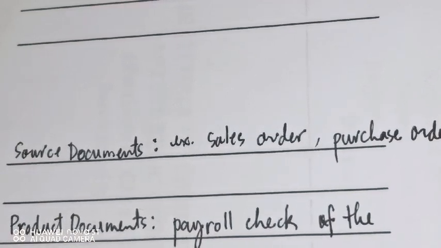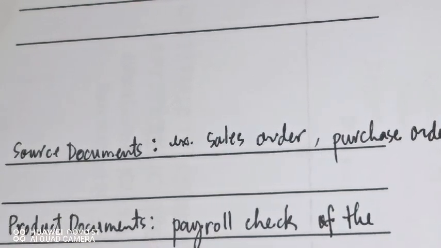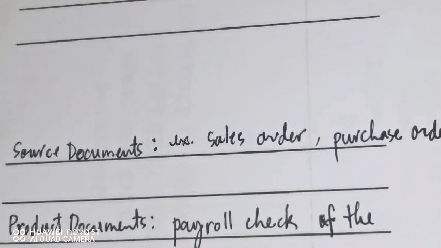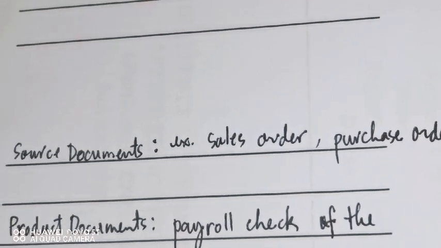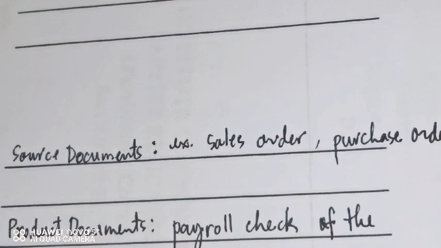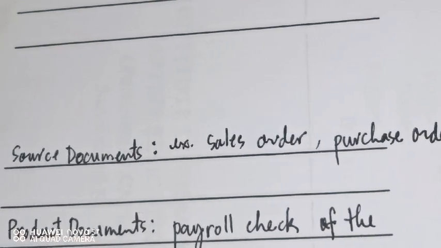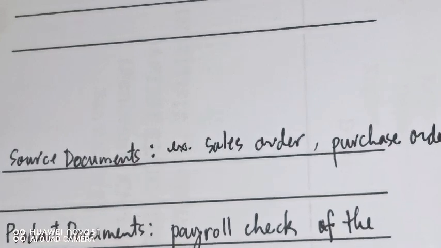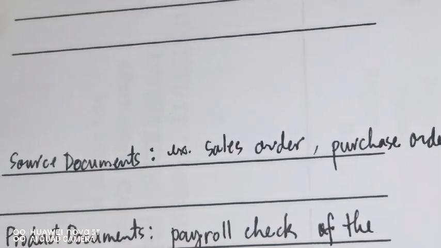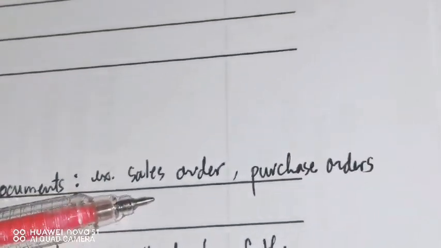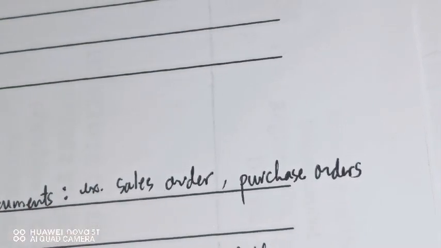And ang example nga nito is the sales order. Di ba pag may sales order ka, you will then record sales and cash or accounts receivable. It depends if the sales is made in cash or on account. That's also the same thing with the purchase orders.